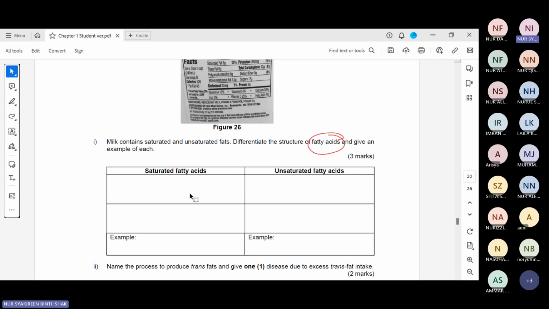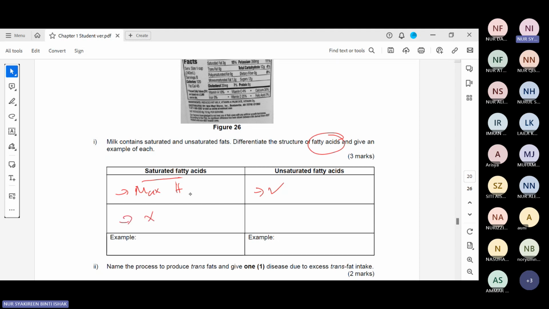So saturated fatty acid has the maximum number of hydrogen atoms bonded to the carbons. The unsaturated one is able to accept one or more hydrogen atoms.